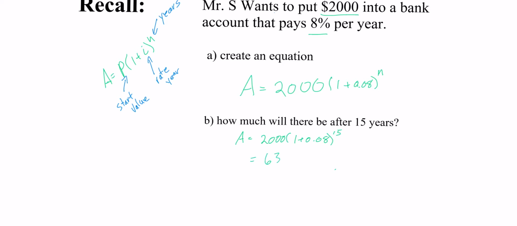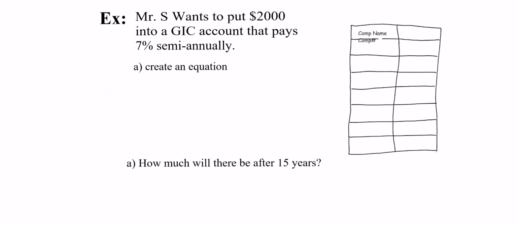And we calculate our final answer being $6,344.34. And that's what we get for our final answer. Again, every time we do these problems, we always have some form of construction of our equation and then some form of substitution using what they've asked us for. The next few lessons will always deal with that.